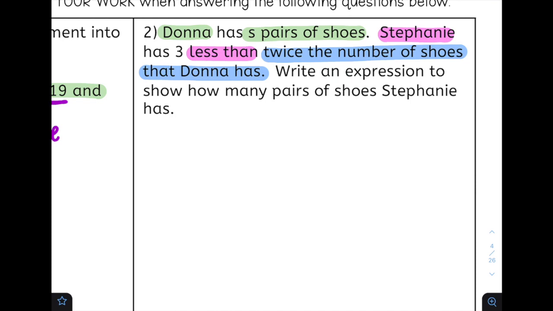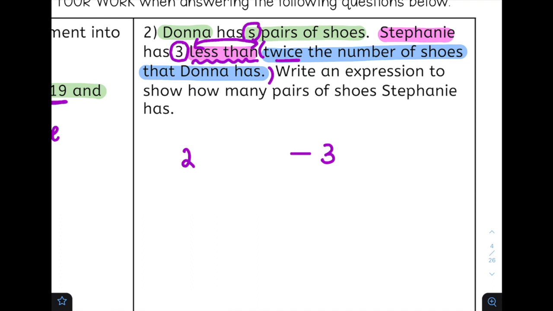So this is our keyword, less than. That means we're taking this, and we're switching the order. So less than would be subtract. We're going to subtract 3 from something. Here we have twice. We already know that means 2, and we're multiplying. And here we have the number of shoes that Donna has.